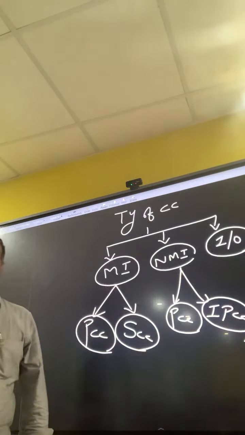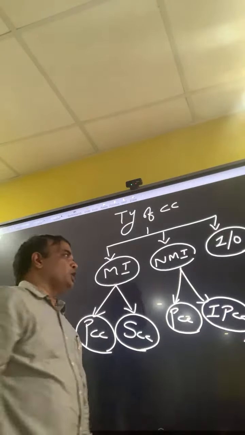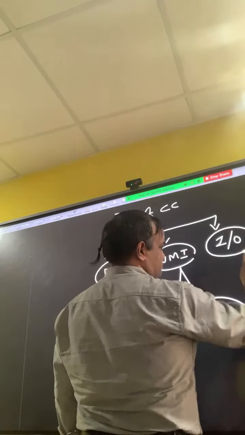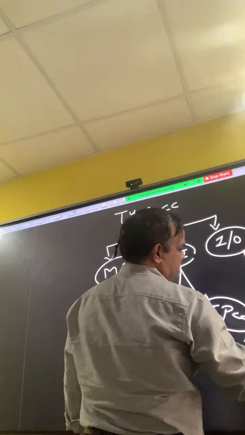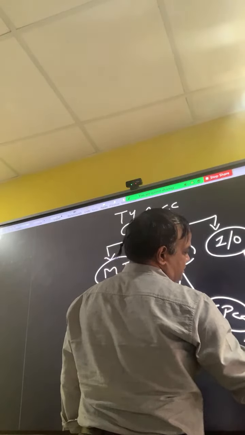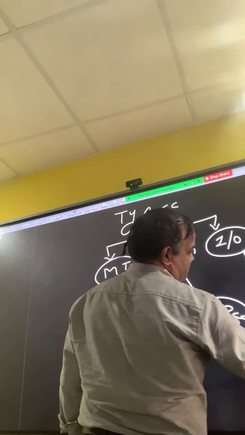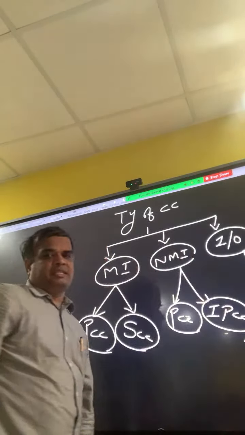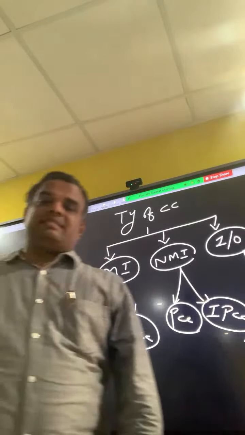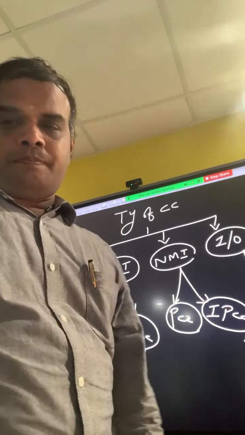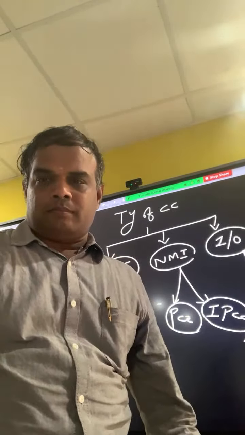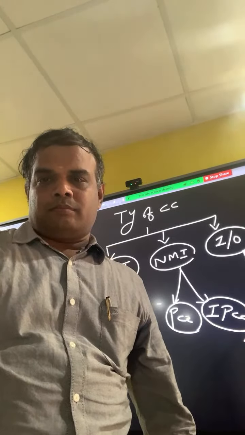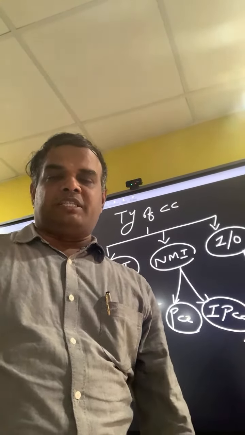And the last one is based on input-output relationship: standard cost center and discretionary cost center.